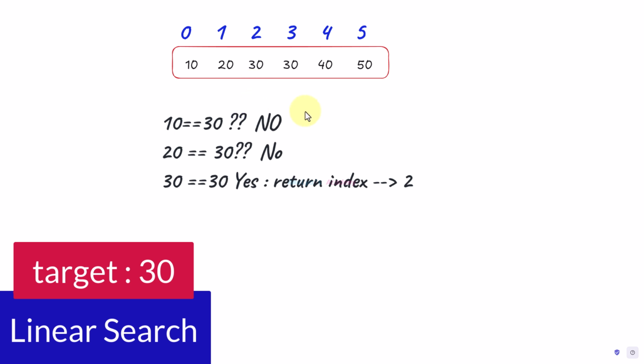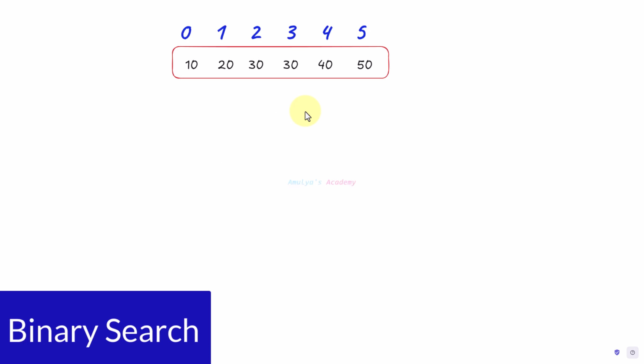For example, here we can see that. But here in the problem statement, it is mentioned that the input is a sorted list of numbers with duplicate elements, right? So when we are using a sorted list, it is better to use the binary search algorithm to find the target element and also to find the first occurrence of the target element.